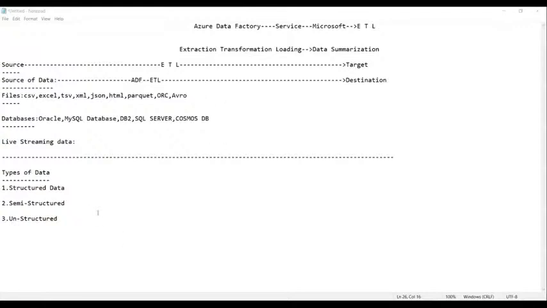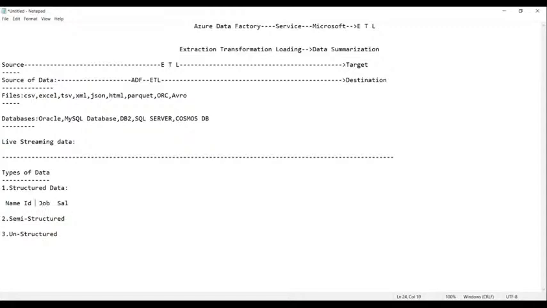Okay, guys. So now let us try to understand what exactly structured is, what is semi-structured, and what is unstructured. The structured data is data that is placed in the form of proper rows and columns. For example, I have name, ID, job, salary.